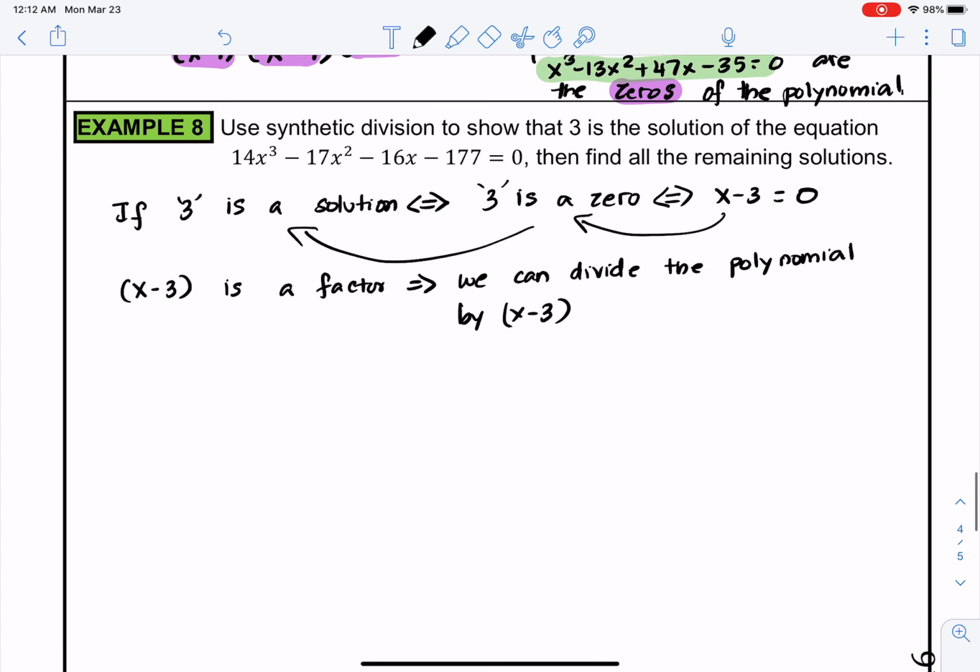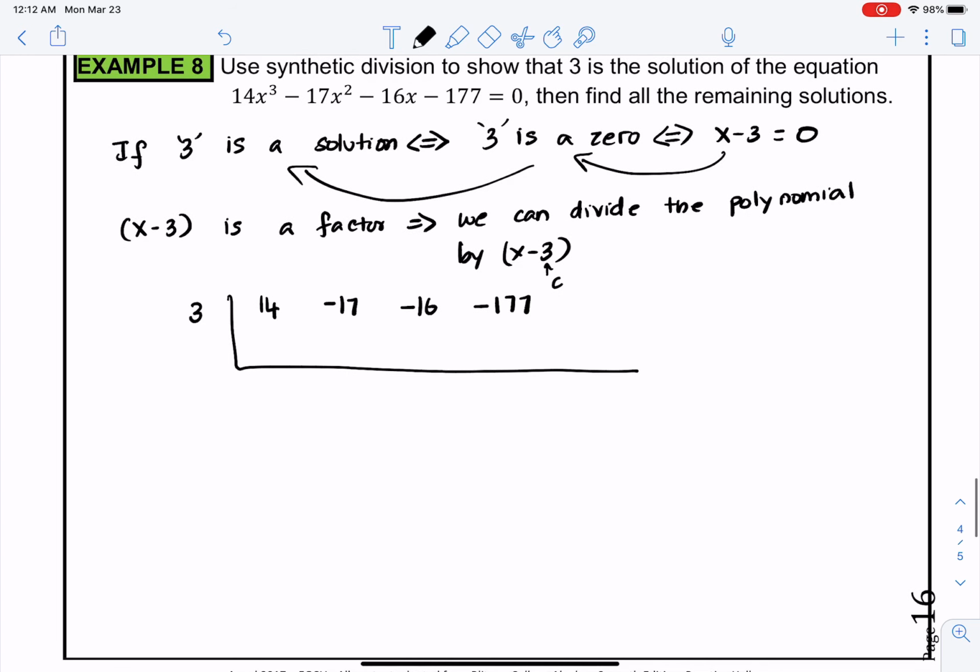So we have 14, negative 17, negative 16, and negative 177 corresponding to the coefficients in the original polynomial. And the value of c is simply 3. 3 goes up there. Bring that 14 down.